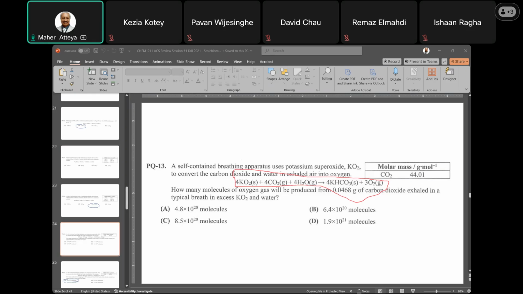So decomposition means you are getting more products, correct? And we said double displacement is when they swap their partners, when one takes the other and the other takes the other. Which one then? So which type of reaction is this?